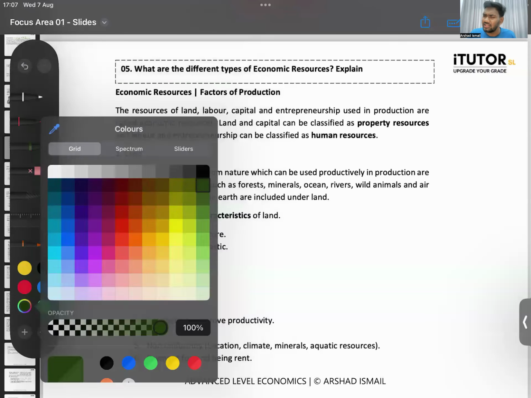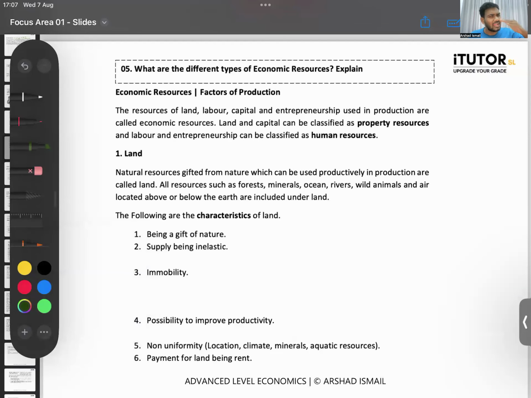If you look at economic resources a little in detail, you can broadly classify economic resources into two. What are the two? Even before going to land, labor, capital, entrepreneurship, broadly you can classify into two. Anyone who knows that? You can classify them into property resources and human resources.